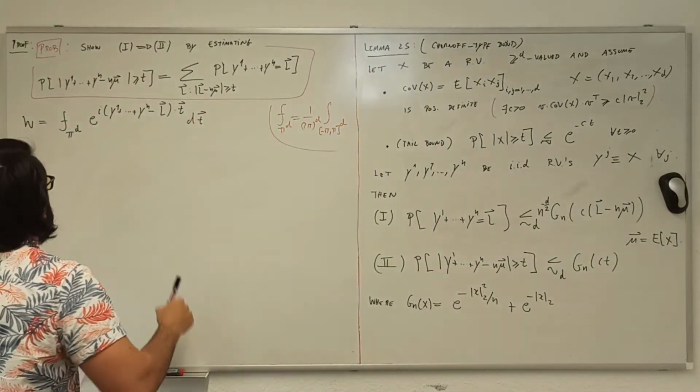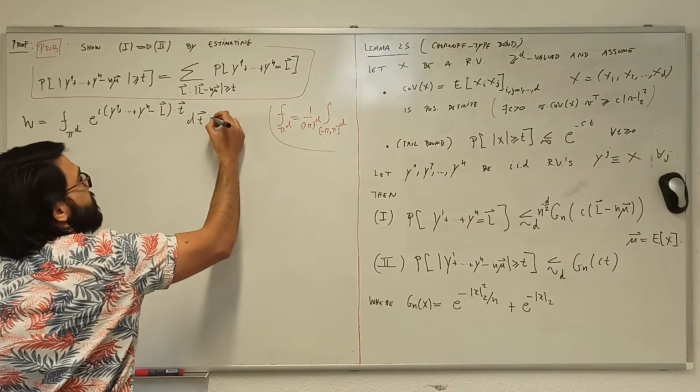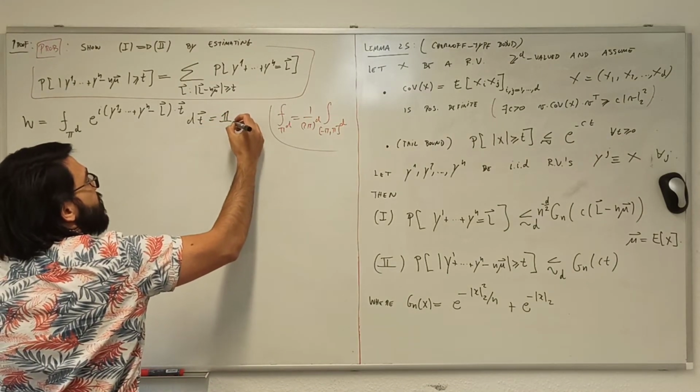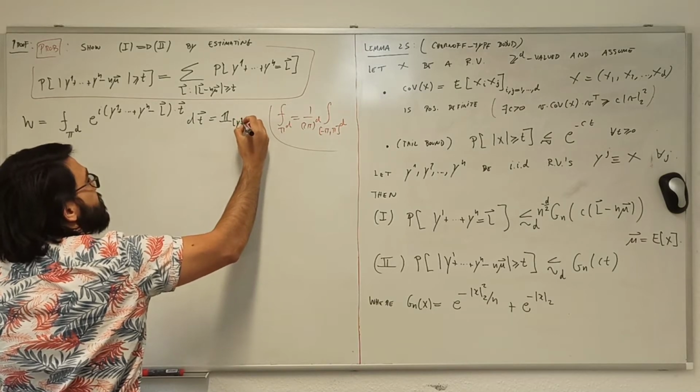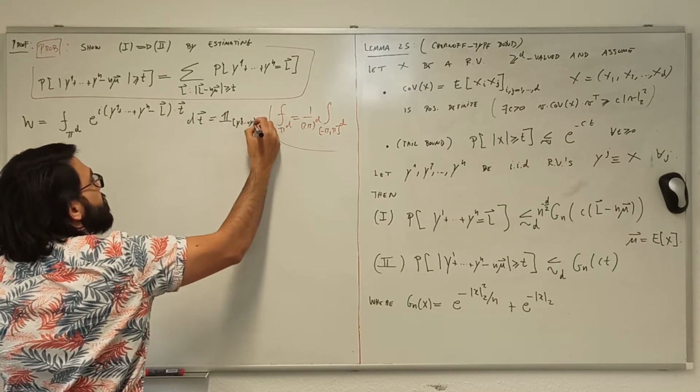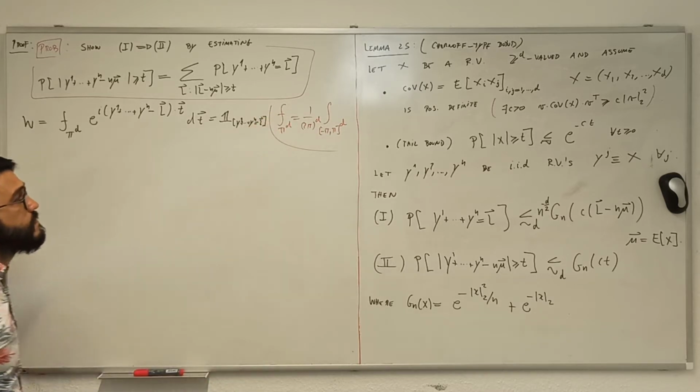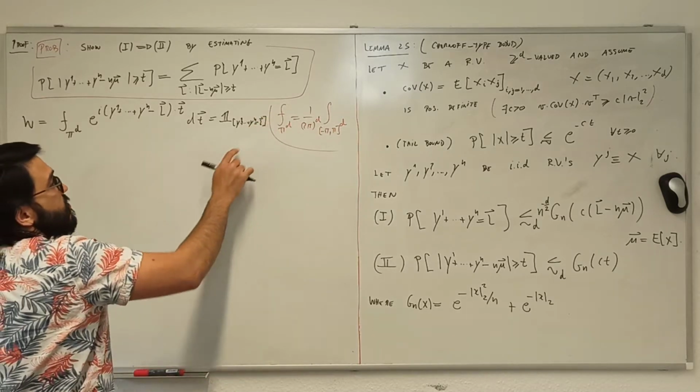Therefore, this is simply the indicator function of the event that the sum equals L. Okay, that's the function.